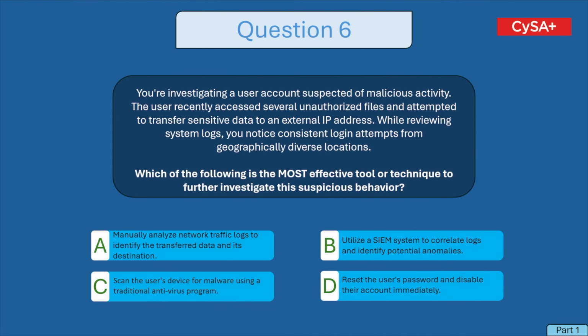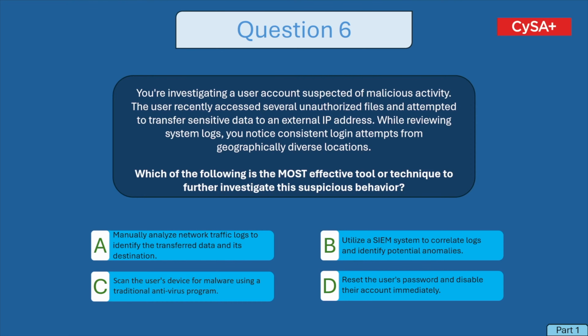Question 6. You're investigating a user account suspected of malicious activity. The user recently accessed several unauthorized files and attempted to transfer sensitive data to an external IP address. While reviewing system logs, you notice consistent login attempts from geographically diverse locations. Which of the following is the most effective tool or technique to further investigate this suspicious behavior?